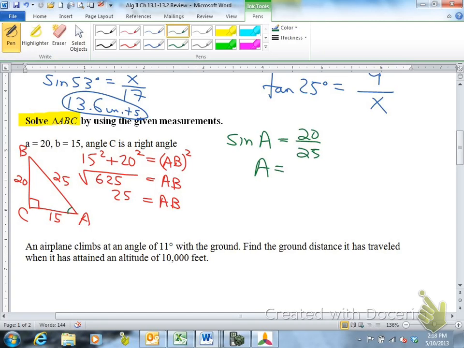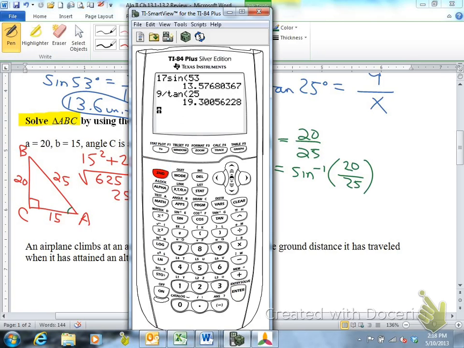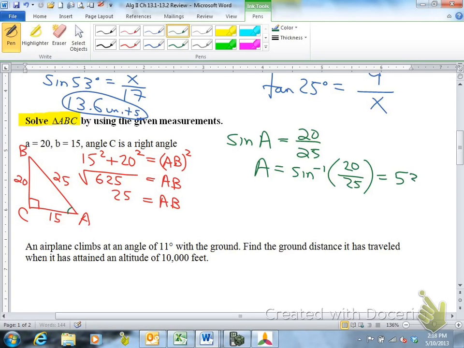And then to solve for A, when you have sine A, you have to do the inverse of sine, 20 over 25. So that would be the inverse of sine, 20 over 25. And when you write your answer, don't forget to include degrees, 53.1 degrees.